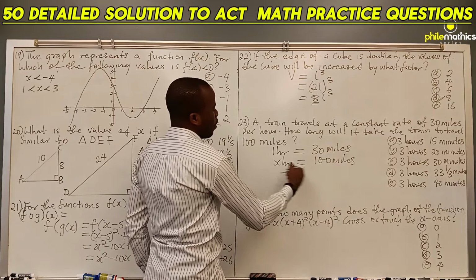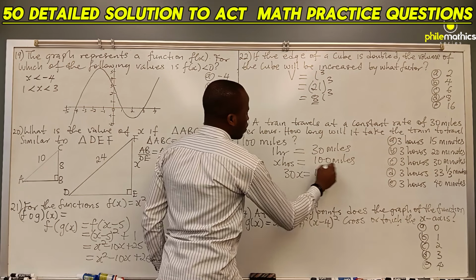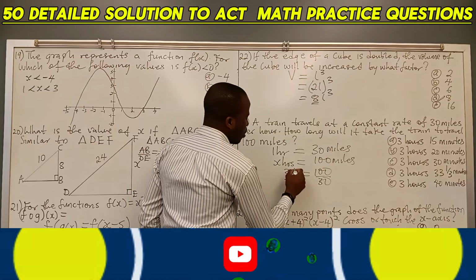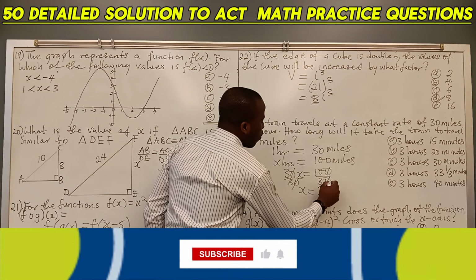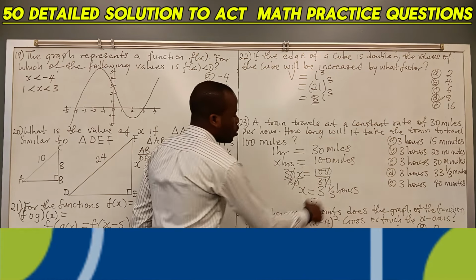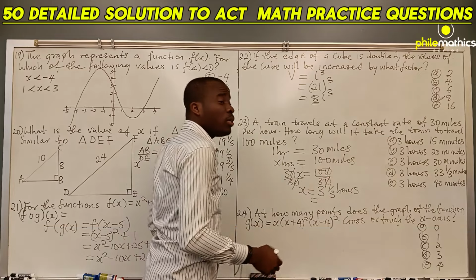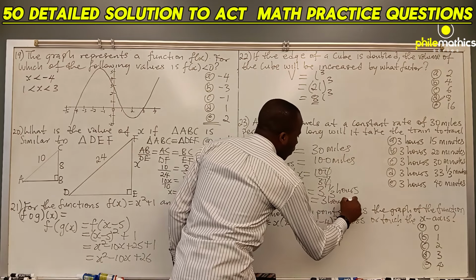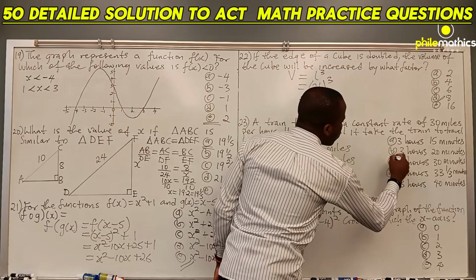We cross multiply, and we'll have 30x equals 100. Divide both sides by 30. x will be 10 over 3, which is 3 and 1 over 3 hours. In minutes, 1 over 3 hours is 1/3 of 60, which is 20. So this is 3 hours 20 minutes, which is B.